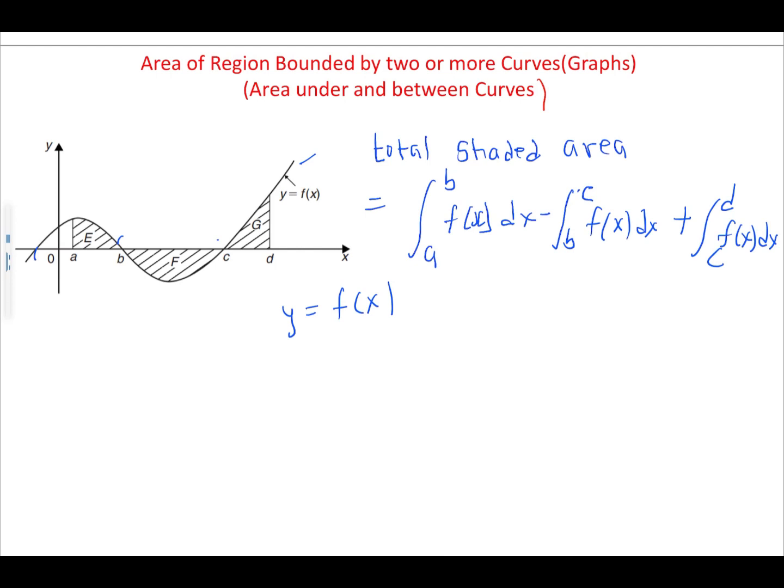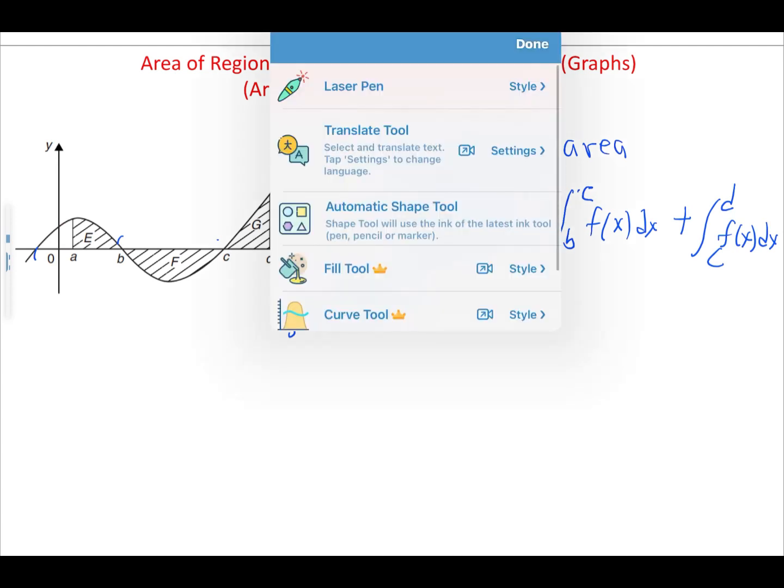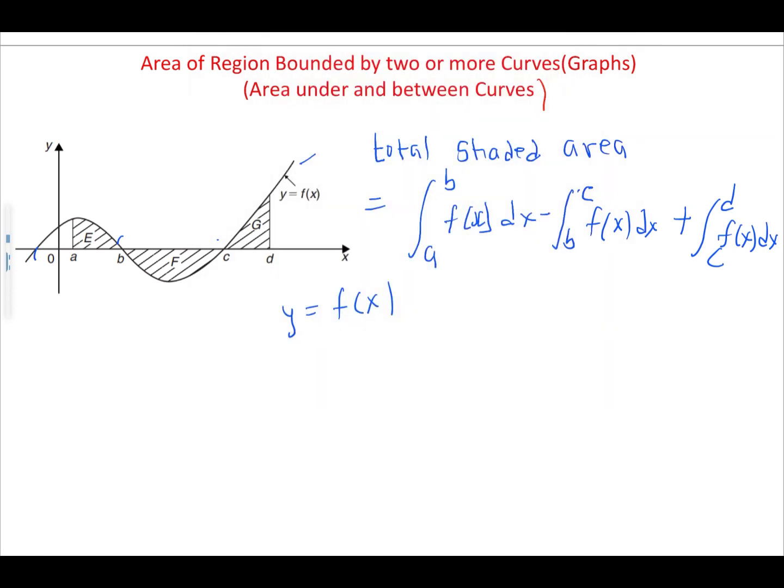In this case, the shaded portion above the x-axis is considered positive, and the shaded portion below the x-axis is considered negative. As you can see over here, this is from a to b. This is the limit from a to b. You can see it's above the x-axis, so it is positive.